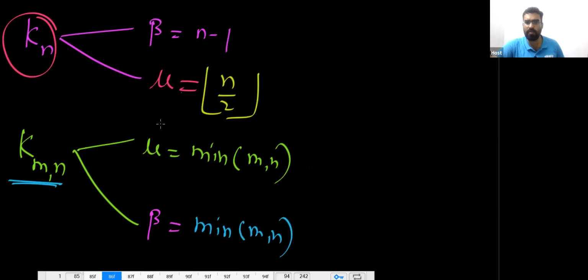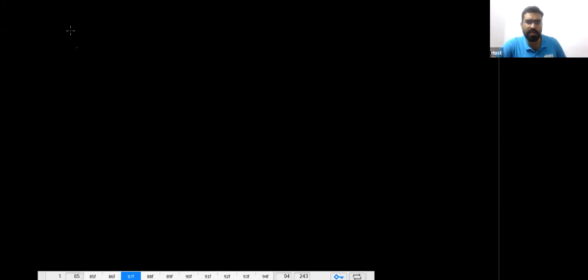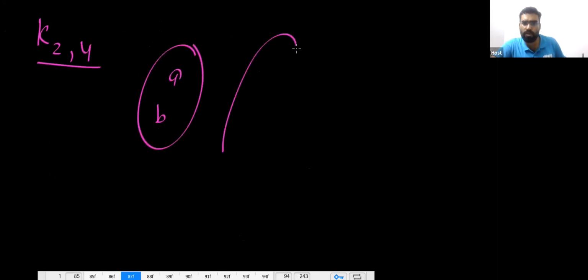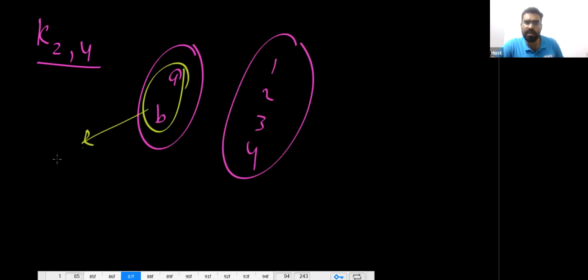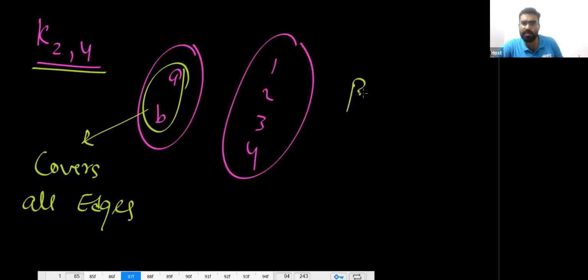If you have K 2,4, vertex cover means the vertices which cover all the edges. So I can say β will be equal to 2. So this is the idea.